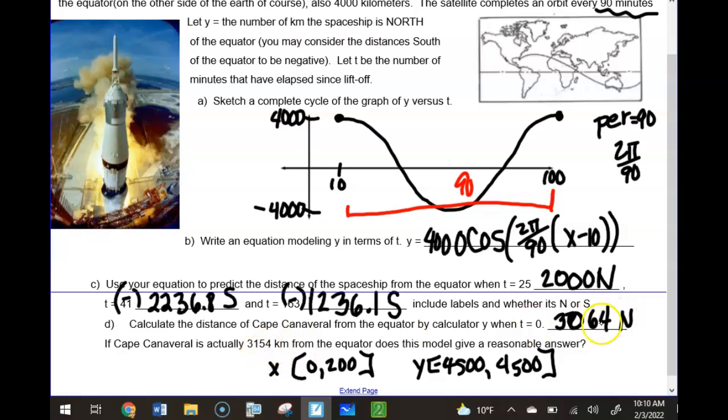So we're off by what, 90? That's not bad, right? It's a pretty good predictor. And when Google gives you Cape Canaveral, it's not necessarily exactly where you were there. It's like the middle of the town. Anyway, I was just trying to show you it is actually a reasonable example.